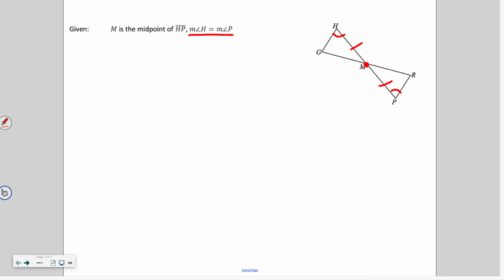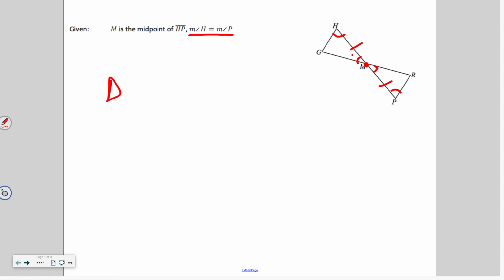And lastly, I have an angle, a side, and guess what? These angles are also congruent. And why are they congruent? Well, these two are vertical angles, aren't they? So, I have an angle, a side, and an angle.